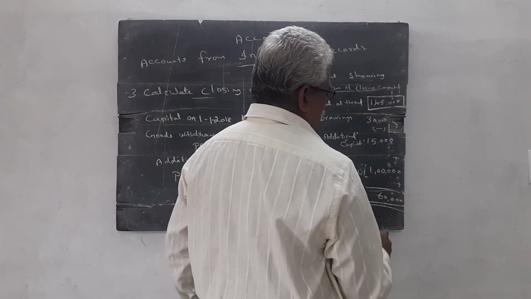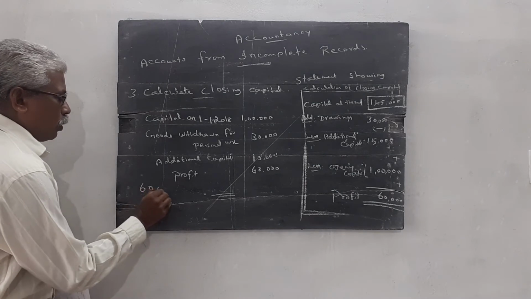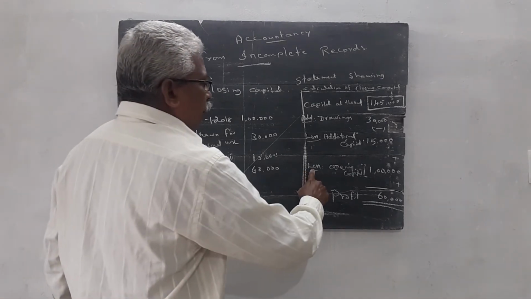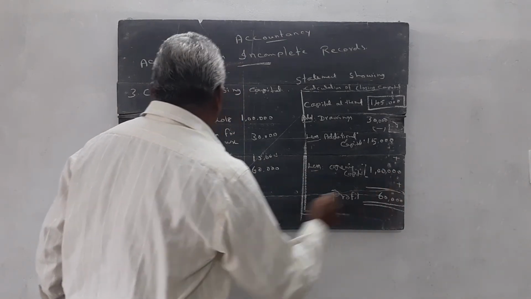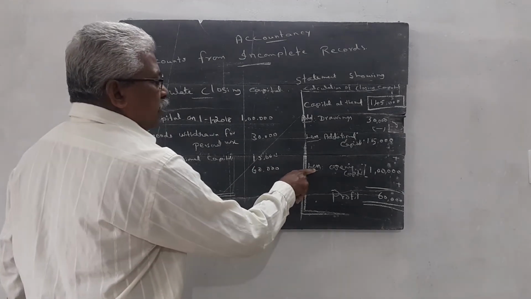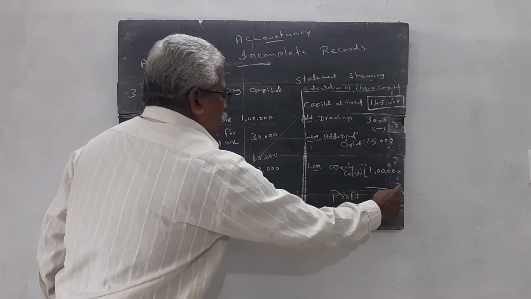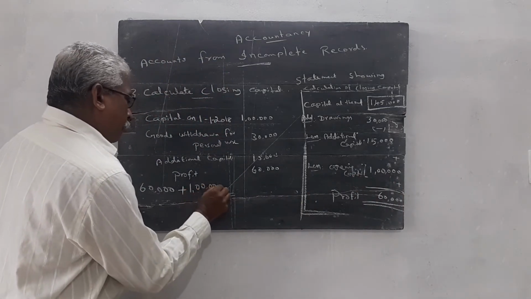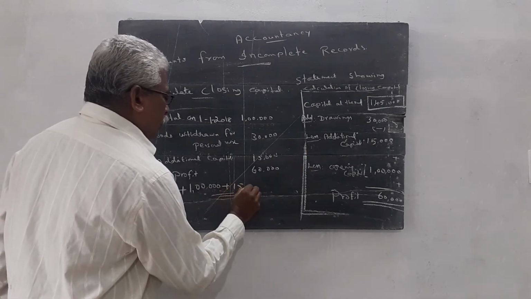This is the answer. If you solve the problem separately, right: 60,000, here the word minus is given. If you come from bottom to top, here you write plus. Very, very important: if less is given, when you come back, plus 1 lakh. Then here less, so we have to add 15,000.